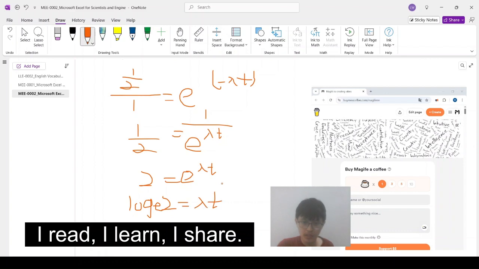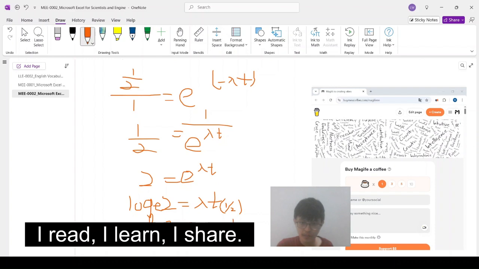So the time here is the time that the substance has decreased to its original half. So we just make it t subscript half. Log e 2 is basically ln 2.